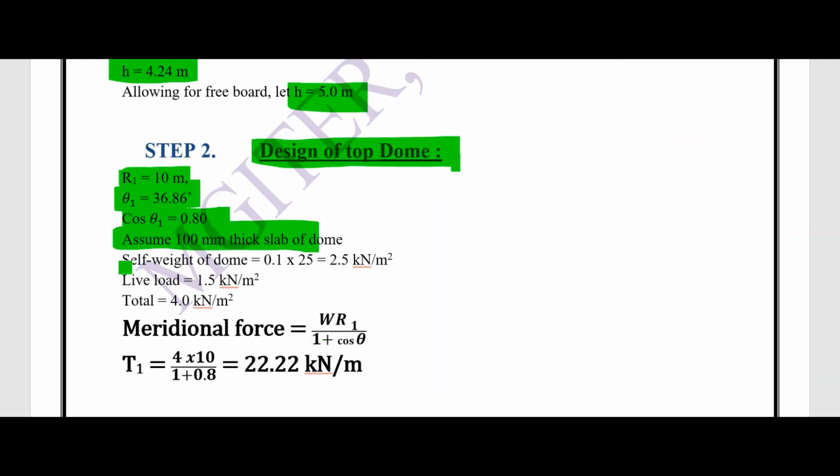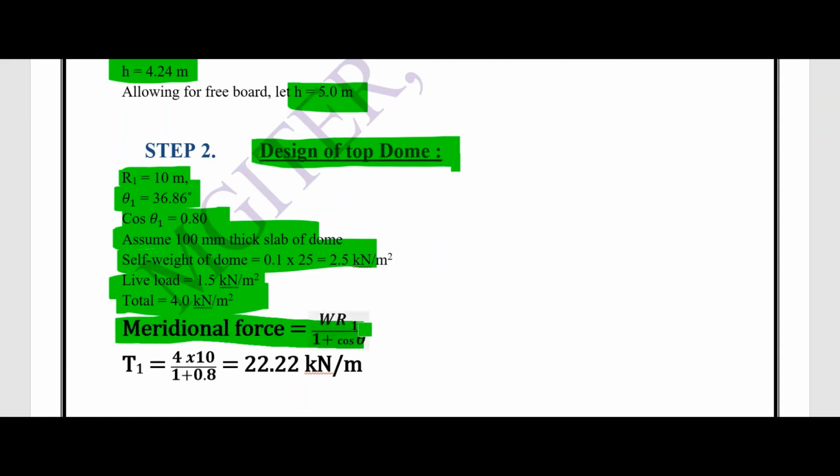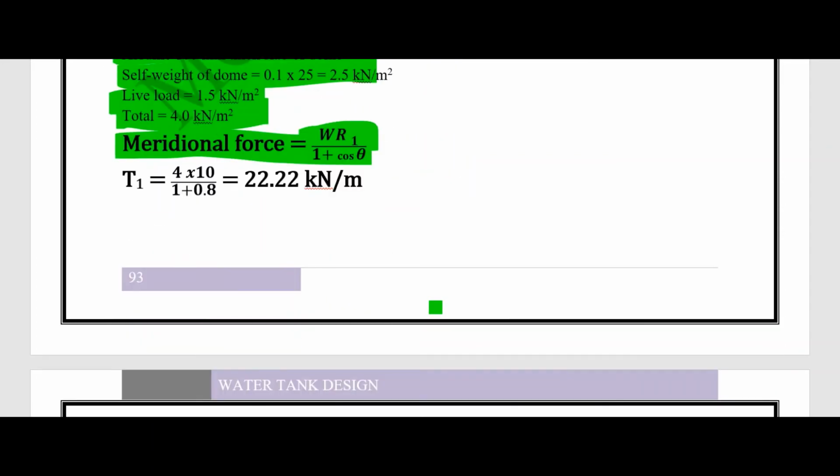So the self weight is 4, the live load is this, so the total load is 4. Same example, same method we use in a circular water tank, and these are the same steps for the Intze tank. So we calculate the meridional force T1 equals W R1 divided by (1 plus cos theta), which is 4 into 10 divided by 1.8, so 22.2 kilonewton per meter.